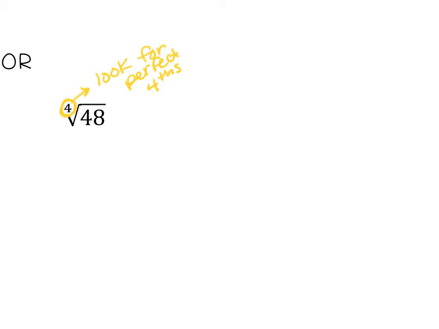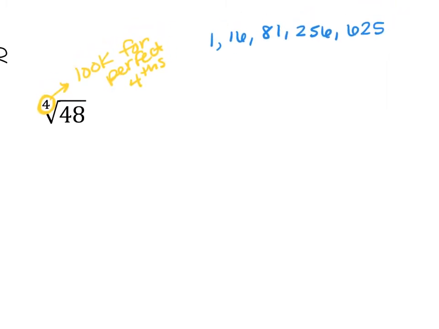So I know 1 times 1 times 1 times 1, so 1 to the 4th is just 1. 2 to the 4th is 16. 3 to the 4th is 81. 4 to the 4th is 256. And 5 to the 4th is 625. So we'll just leave those to the side to help us.